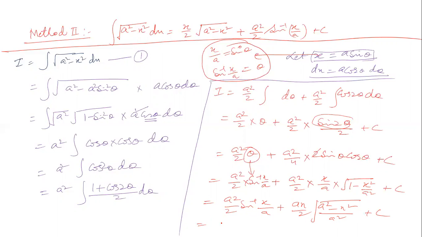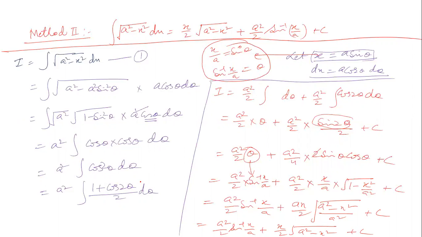On solving, you will get a square upon 2 sine inverse x by a plus, taking the square root of a square, which would be a only, and a will cancel out, so you will get x by 2 under root a square minus x square plus c.